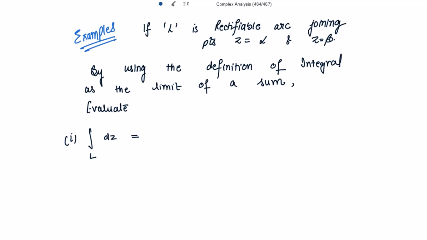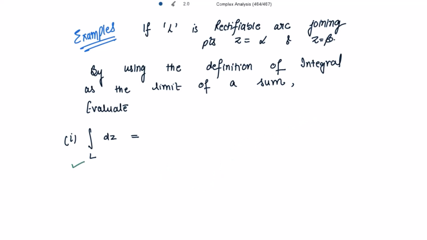If L is a rectifiable arc joining the points z equal to alpha and z equal to beta, which means z0 is alpha and zn is beta, then by using the definition of the integral as the limit of the sum, we need to evaluate this first part.